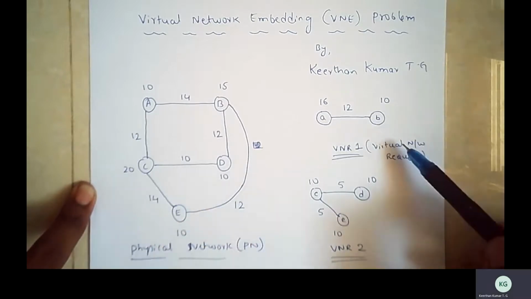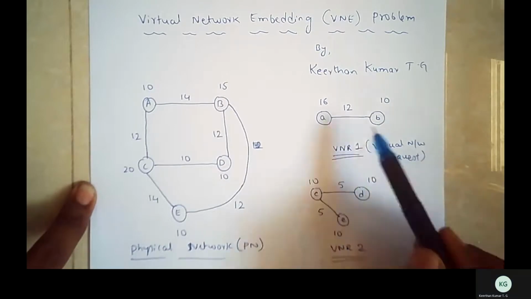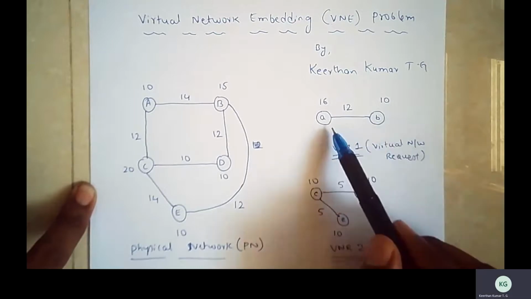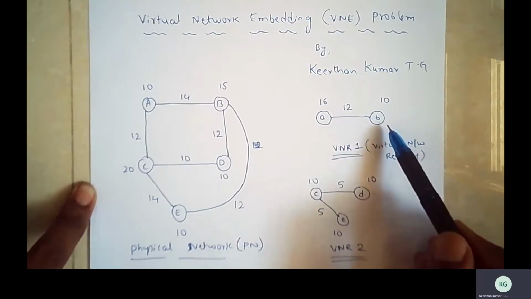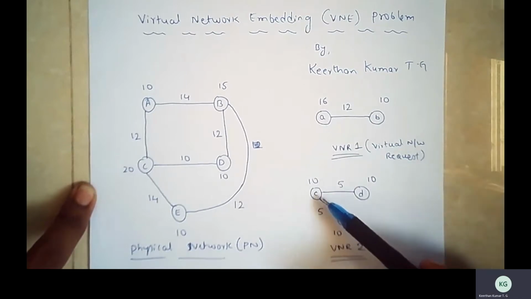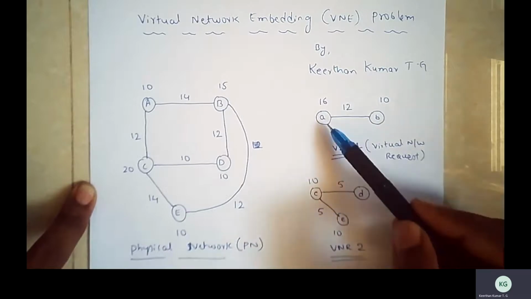Similarly, there are two requests. One is virtual network request 1, having 2 nodes, small a and small b. These correspond to virtual machines. Similarly, in VNR2, virtual network request 2, we have 3 nodes, small c, small d, small e, corresponding to the virtual machines for request number 2. So what are the numbers on top of the circles?